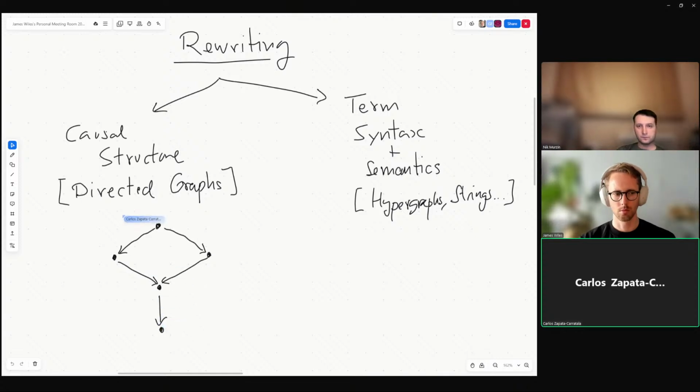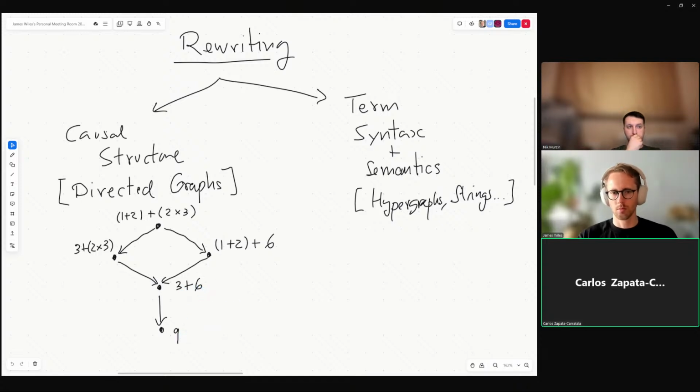So I'll fill in the example now so everyone is clear. Here we did 1 plus 2, that was 3 plus 2 times 3. Here we did the 2 times 3, which was 6. So here we get 3 plus 6, and finally we get 9.